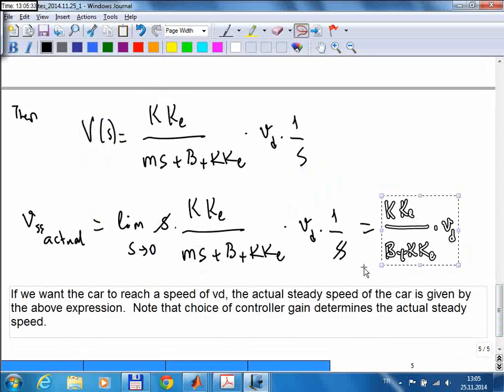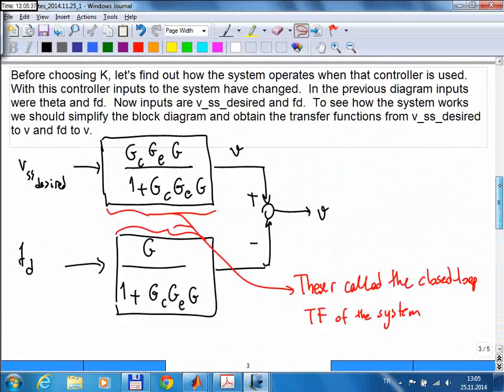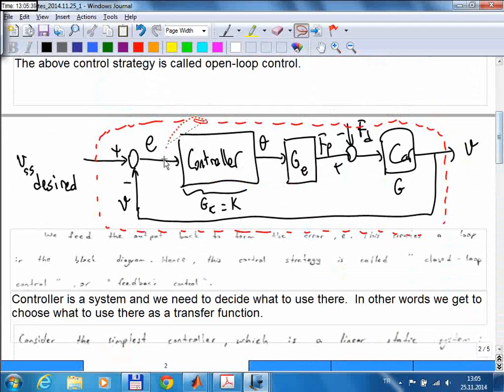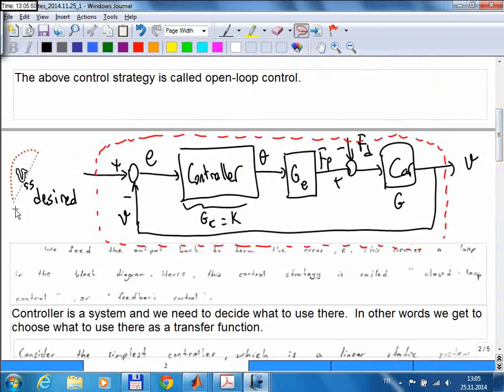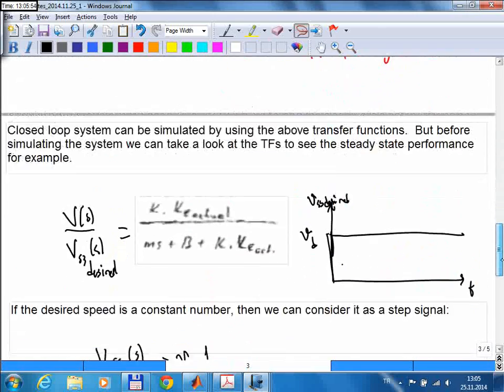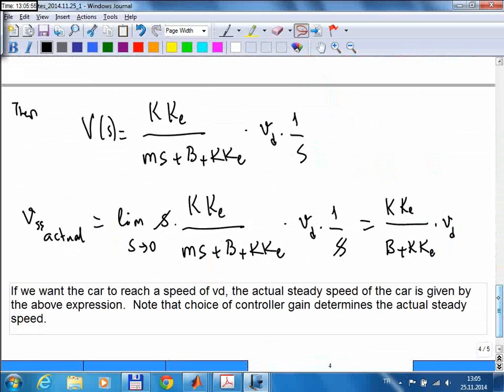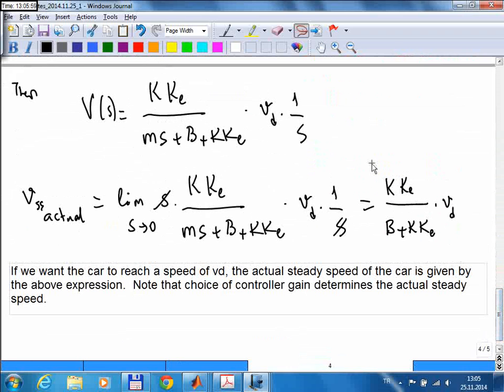In other words, if you use this closed loop controller to control the speed of the car and choose the controller transfer function as a simple number, which is k, and apply a constant desired input to the controller, then your car will eventually reach a speed of this much.